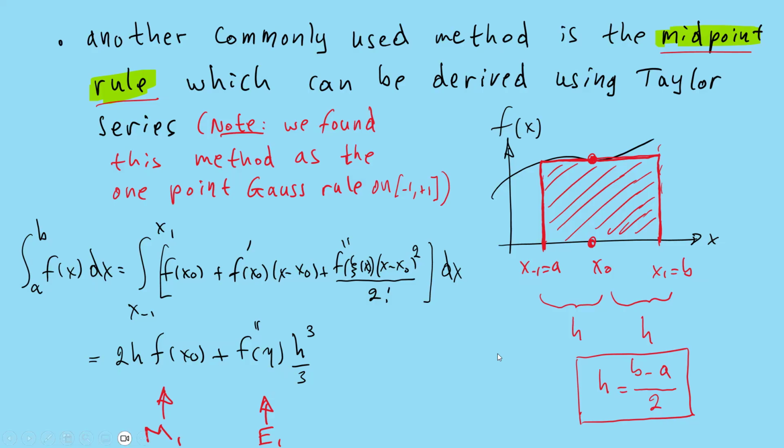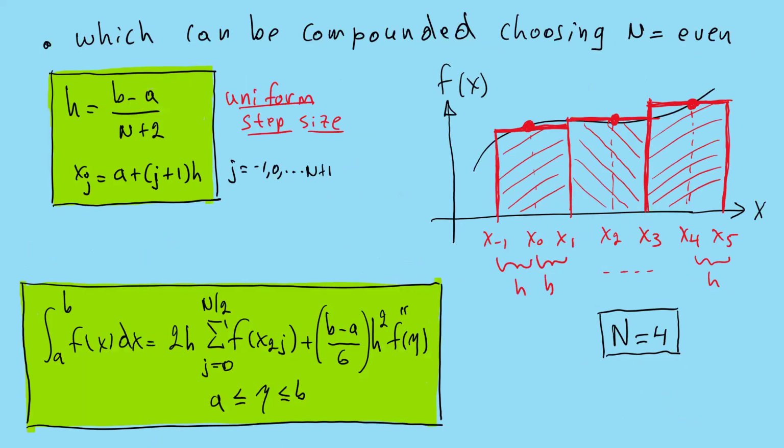For the midpoint, like the 2 other methods, we have a compound midpoint. This method improves the accuracy by dividing the interval into multiple smaller subintervals and applying the midpoint rule to each one. For each subinterval, we take the midpoint, evaluate the function there, and multiply by the width of the subinterval.